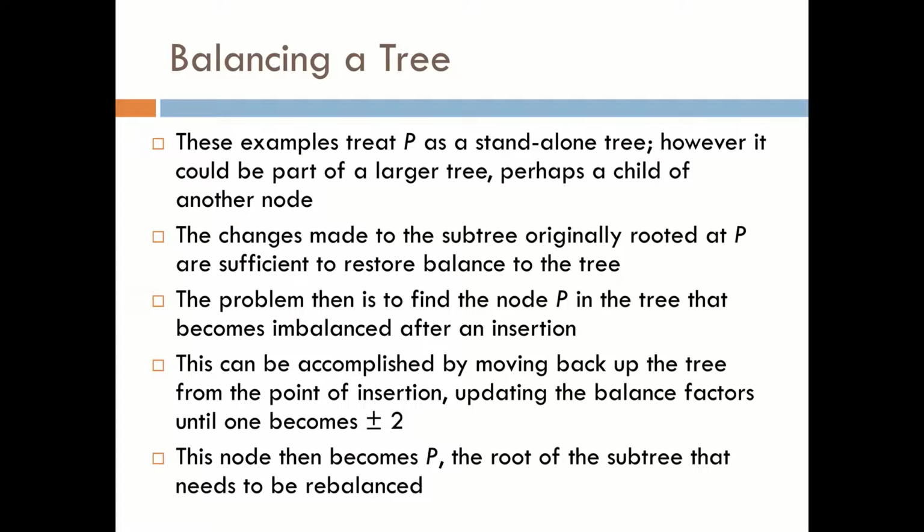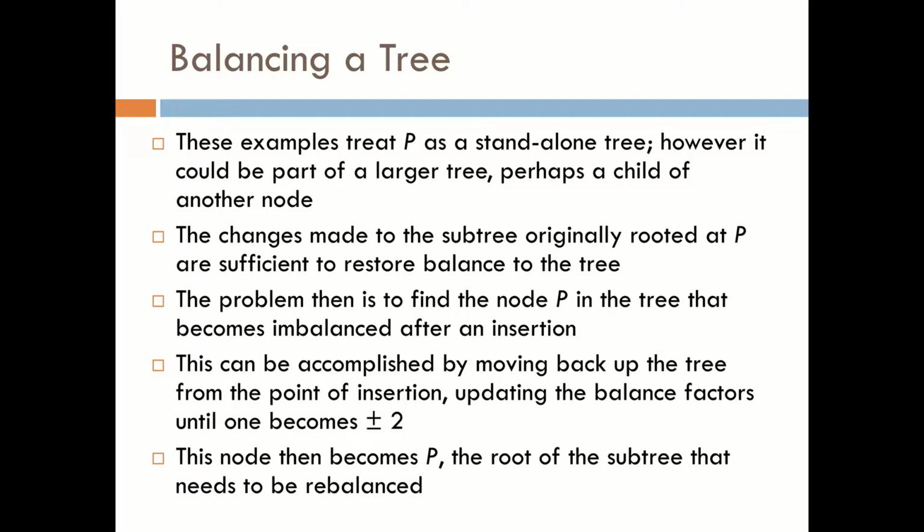So the way we balance a tree then is to think about wherever the imbalance is happening. Think of that node P as being its own tree. And then you perform all the rotations below that particular level in the tree. And so there are a couple of interesting things here.